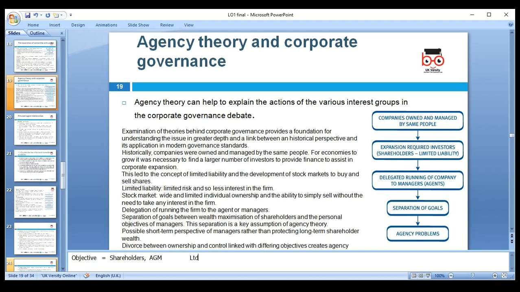Exactly. Do we all know the difference between private and public limited, and a registered PLC? Anyone know? Public limited company. How much investment is required? Normally 50,000 worth of investment is required to be registered as a public limited company.